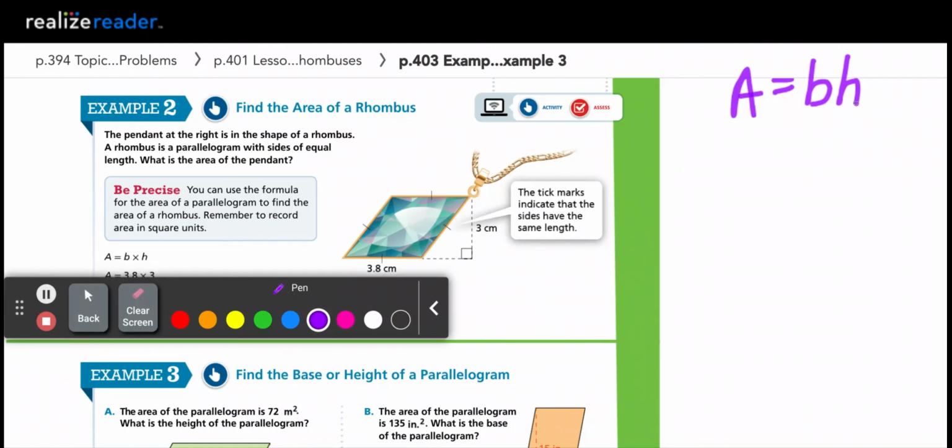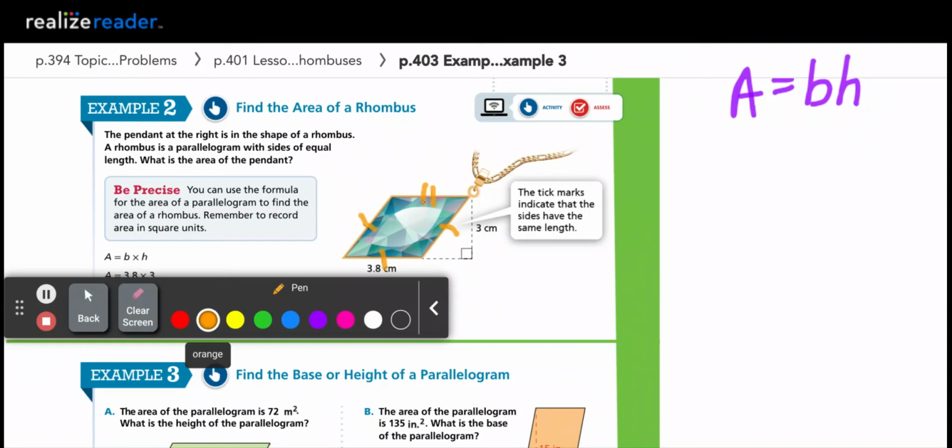Okay, so let's also look at some of the information they gave us here. It says the tick marks indicate that the sides have the same length, and that's how they know that it's a rhombus. Each of these tick marks, that's the same length as the bottom, which means if they all have one tick mark, that means they're all the same length.